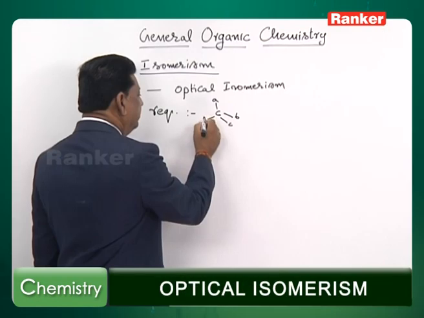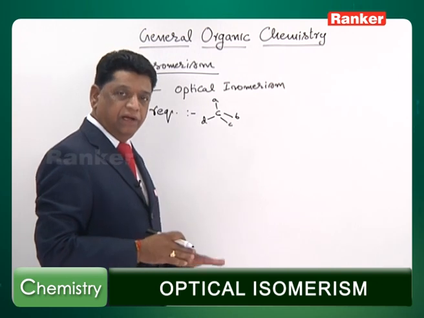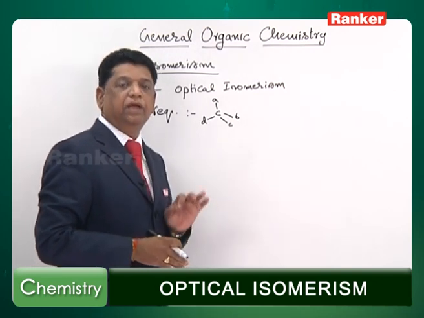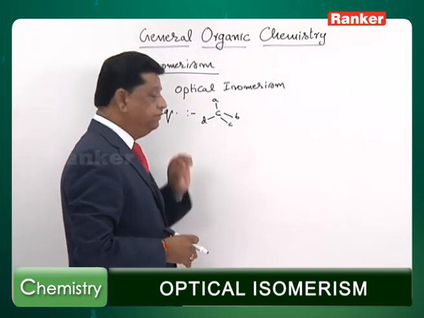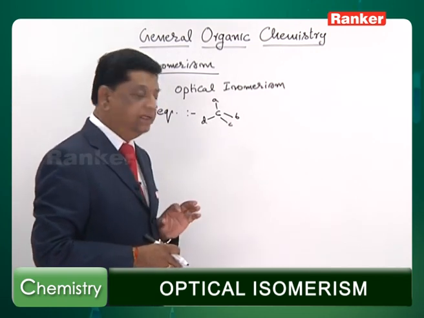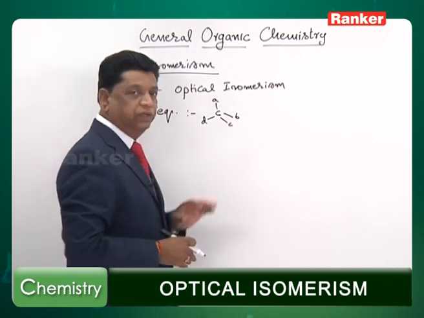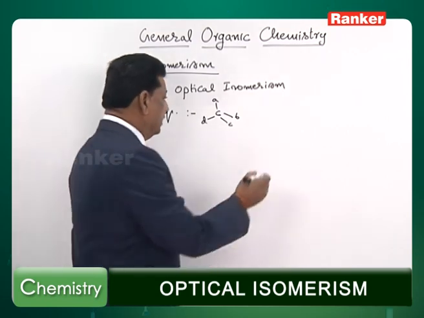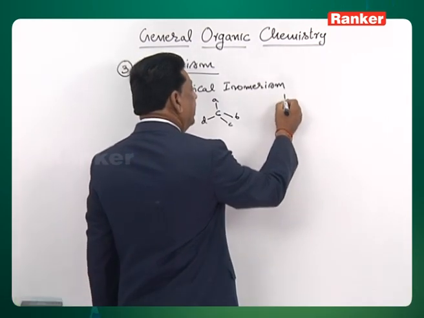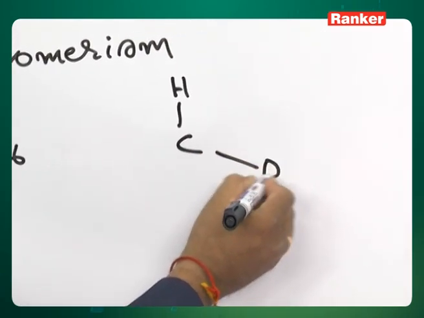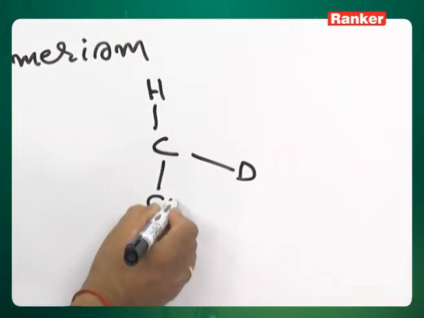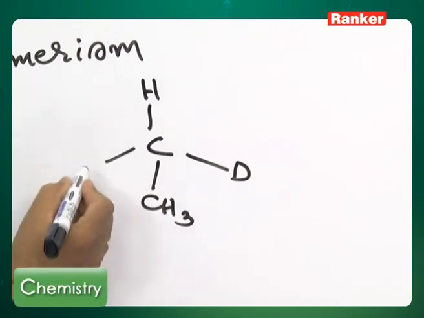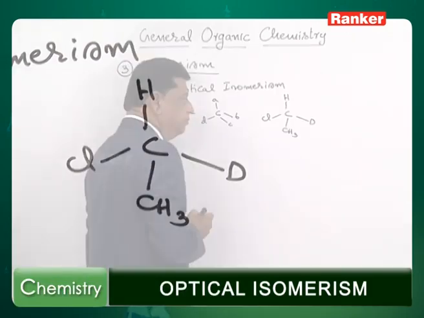This is the low level understanding: whenever a carbon is sp3 hybridized having 4 groups, one of the groups can be hydrogen, another can be deuterium, you can have a methyl group and, for example, a chlorine.